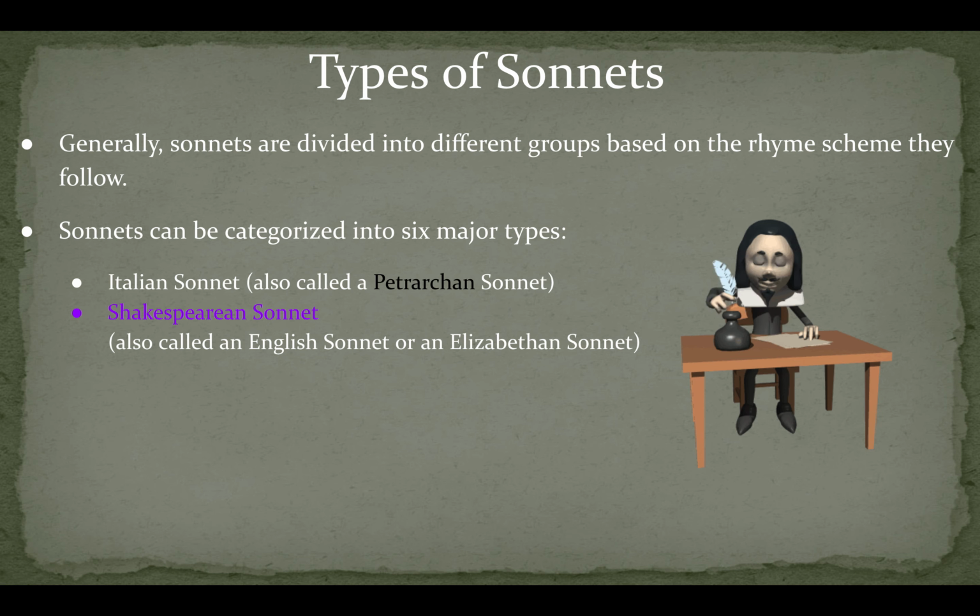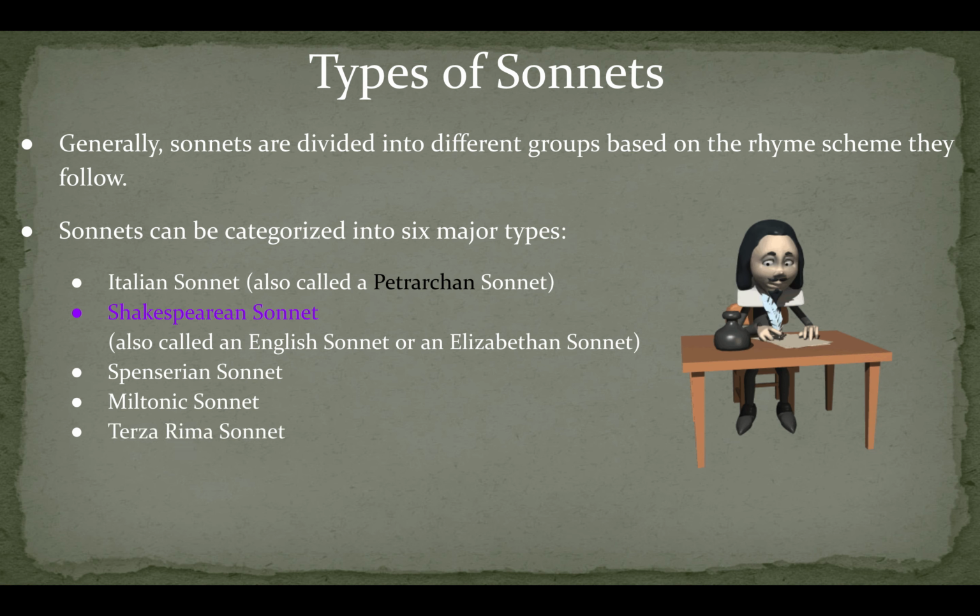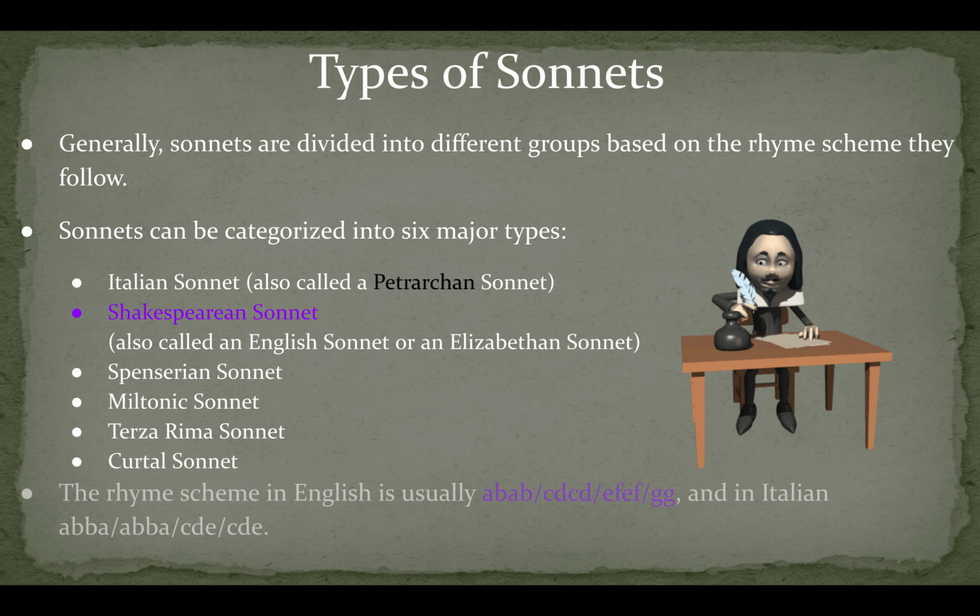Now, the Shakespearean sonnet is also called the English sonnet or the Elizabethan sonnet. Of course, Shakespeare was English, and he wrote in the Elizabethan time frame or era. We also have the Spenserian sonnet, the Miltonic sonnet, the terza rima sonnet, and the Curtal sonnet.